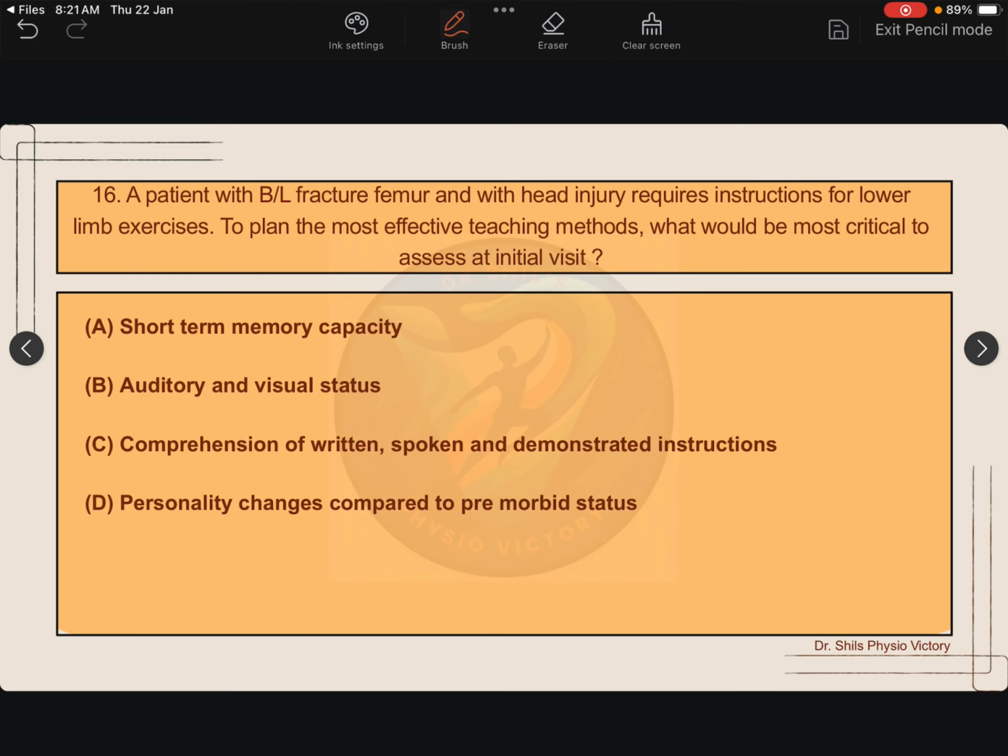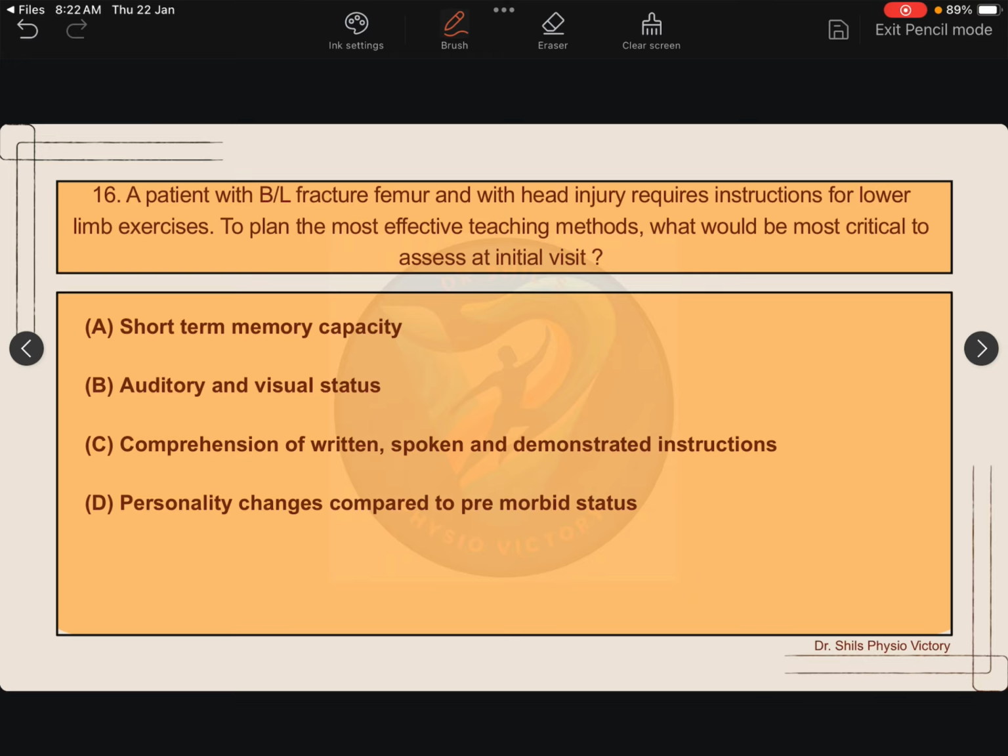Next come to question number 16. A patient with bilateral fracture femur and with head injury requires instructions for lower limb exercises. To plan the most effective teaching method, what should be most critical to assess at initial visit? Option A short-term memory capacity. Option B auditory and visual status.